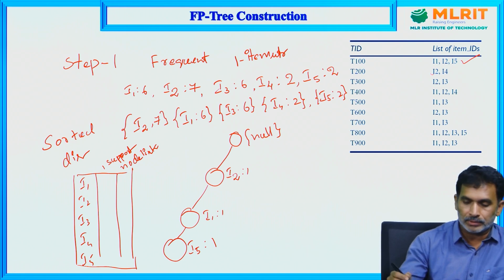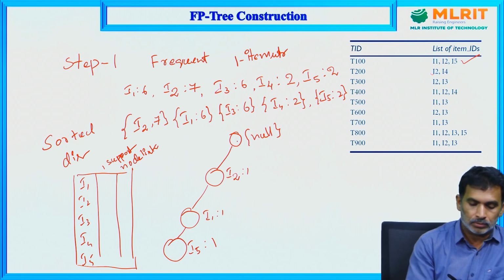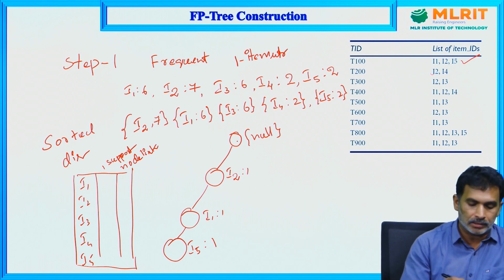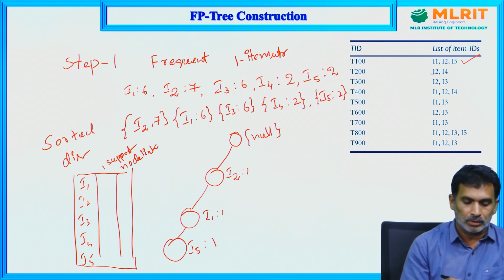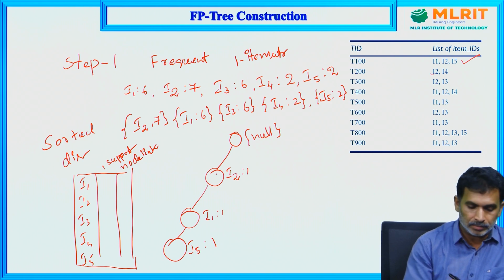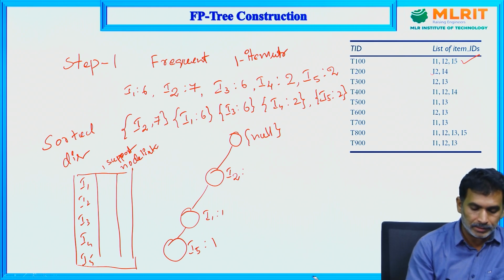Like suppose I2, I4. From the root node we have to start, and we have already created a node with I2. Because it is matching and following the prefix, I2 is incremented by 1. Let me update this. It becomes 2 here.